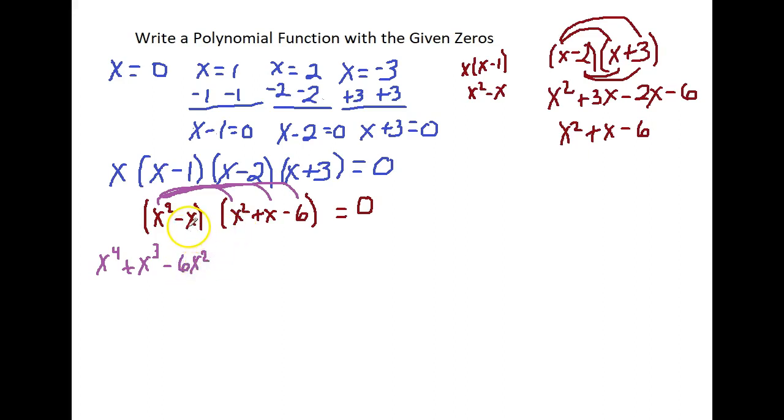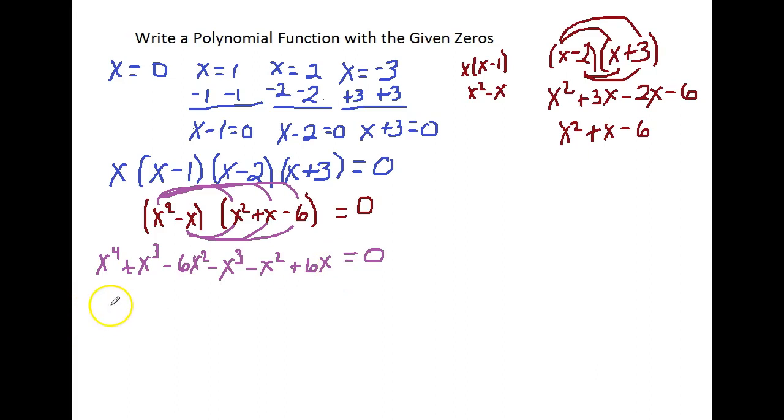And now I'm going to multiply this x times everything. So negative x times x squared is negative x to the 3rd power. Negative x times x is negative x squared. And negative x times negative 6 is plus 6x equals 0. Combine your like terms.